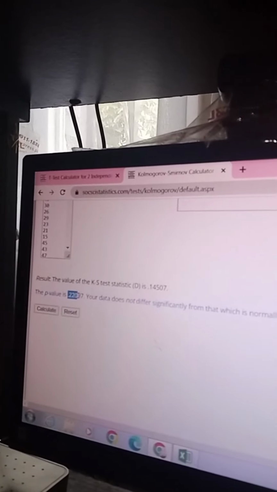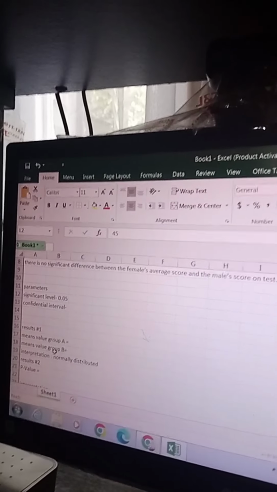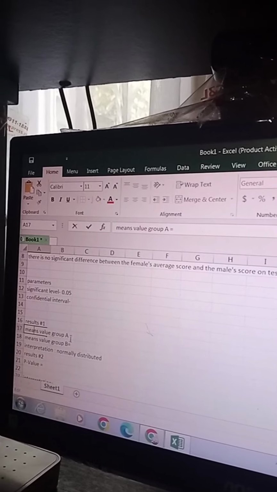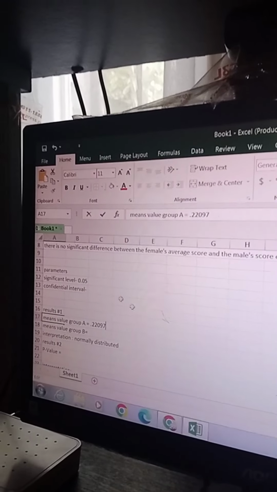And the result is greater than 0.05, and this means the data is normally distributed for group A.